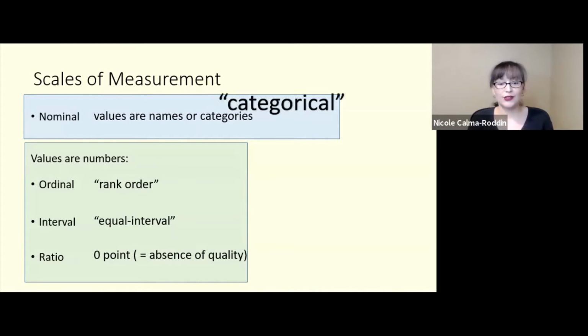We also have values that can be numbers, and so we'll be dealing with these quite a bit in this course. And so we might have ordinal variables. These are considered rank order variables, and this is when we talk about something like being first, second, or third.